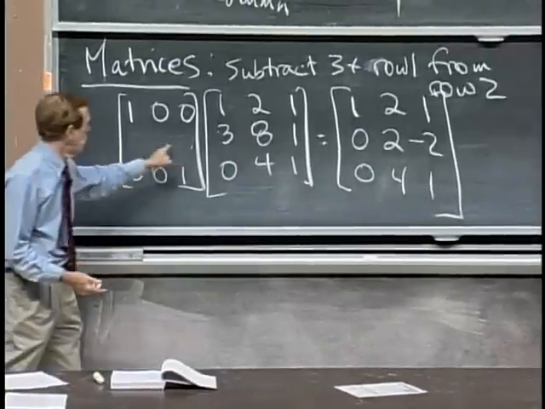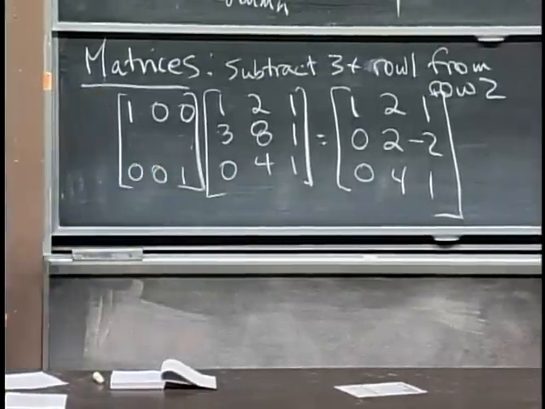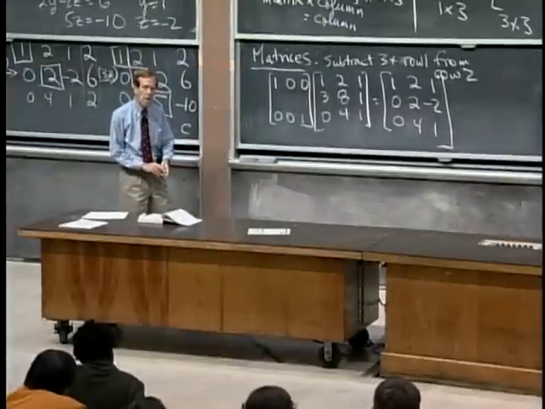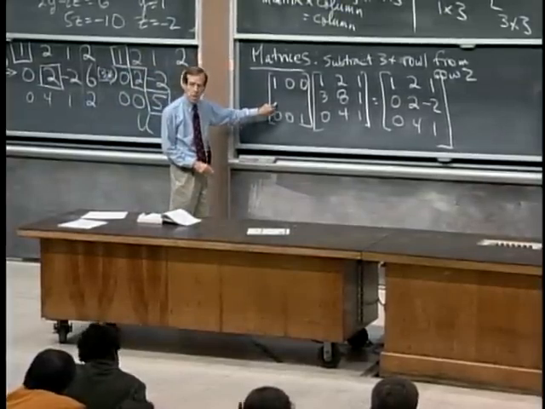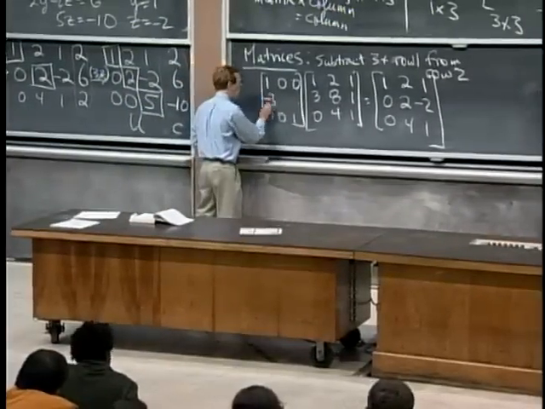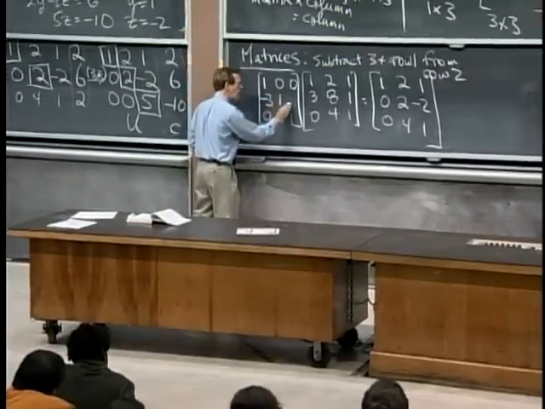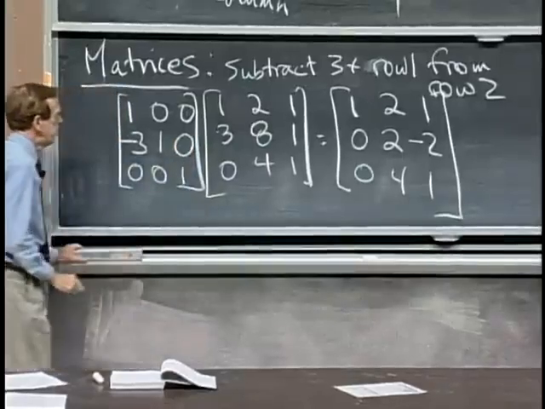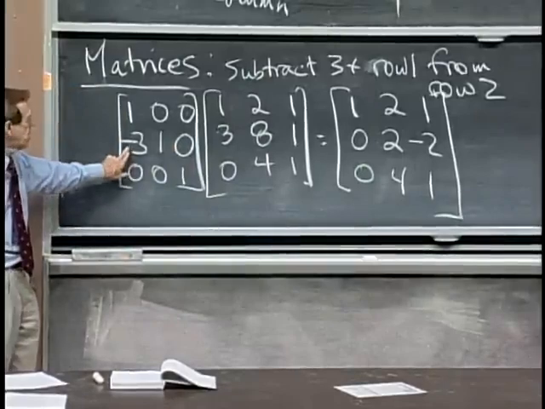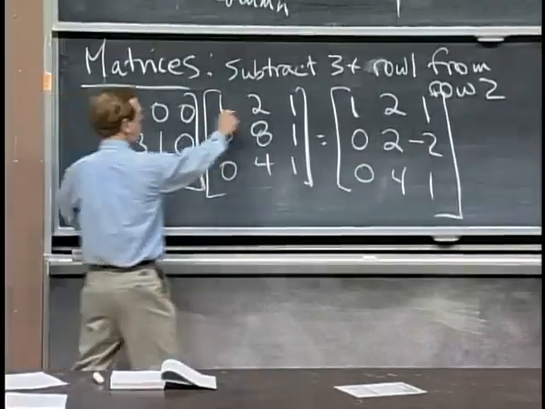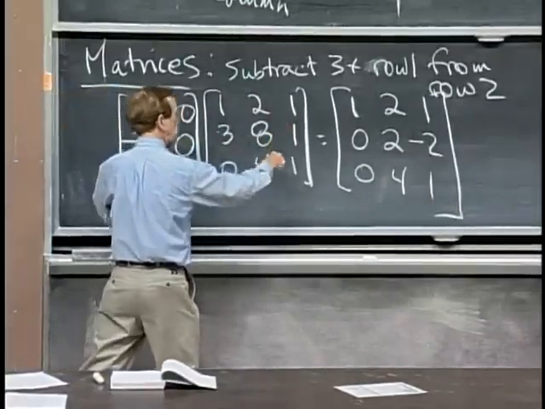So what's the right matrix? Finish that matrix for me. -3 goes here. And what goes here? That 1. And what goes here? The 0. That's the good matrix. That's the matrix that takes -3 of row 1 plus the row 2 and gives the new row 2.